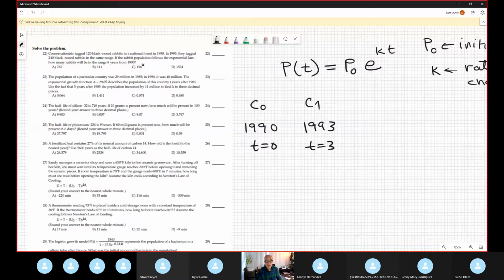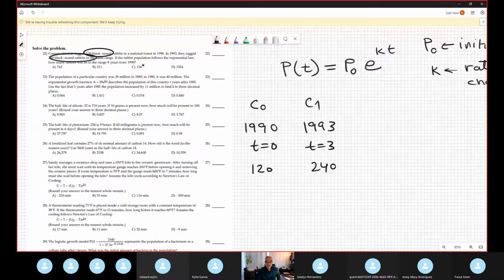We have a population of 240. Sorry, I forgot something. At the beginning, in condition 0, we have 120 rabbits. 120 black nose, and we have 240 black nose rabbits in condition 1.